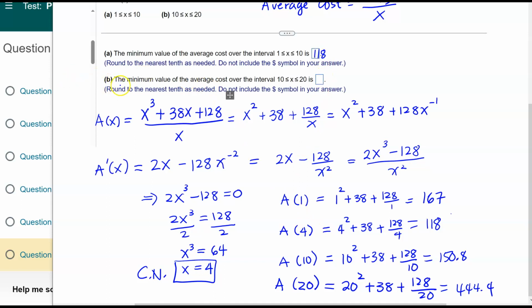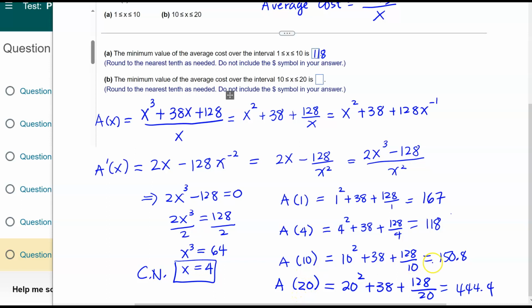Now for letter B, the interval is 10 to 20. So as I've said, between 10 and 20, there's no critical number there because from our calculation, the critical number is 4. And that is already outside of the interval here. So we're just going to evaluate the function at the endpoints of that interval, at x equals 10 and at x equals 20.